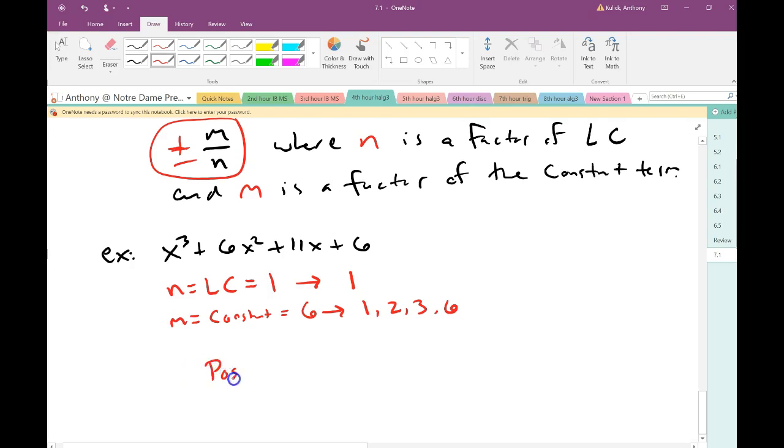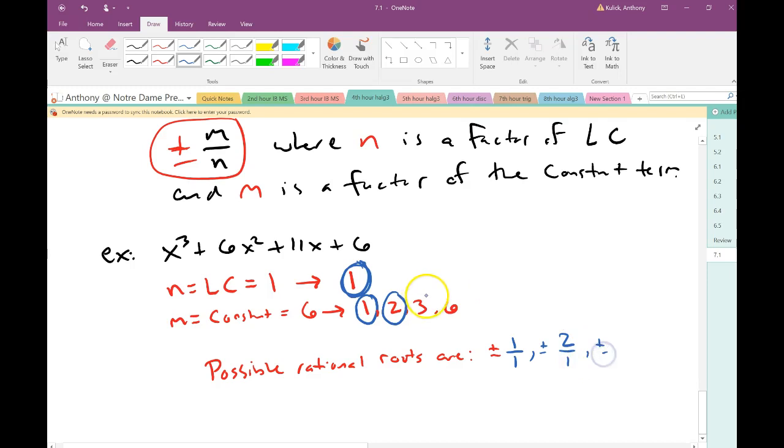So my possible rational roots are plus or minus a factor of 6 over a factor of 1, plus or minus a factor of 2 over a factor of 1, plus or minus a factor of 3 over a factor of 1, and a factor of 6 over a factor of 1.